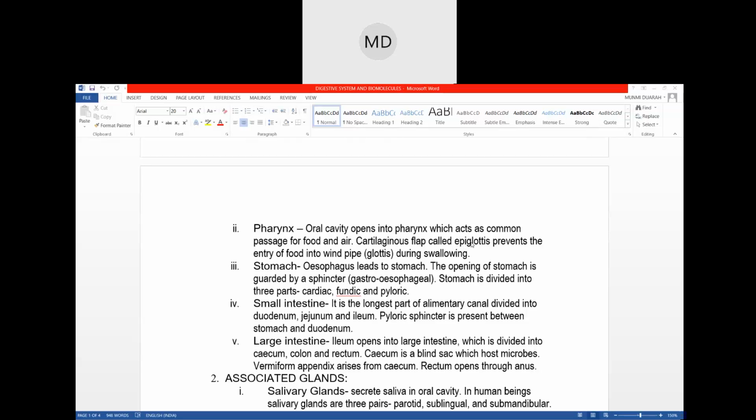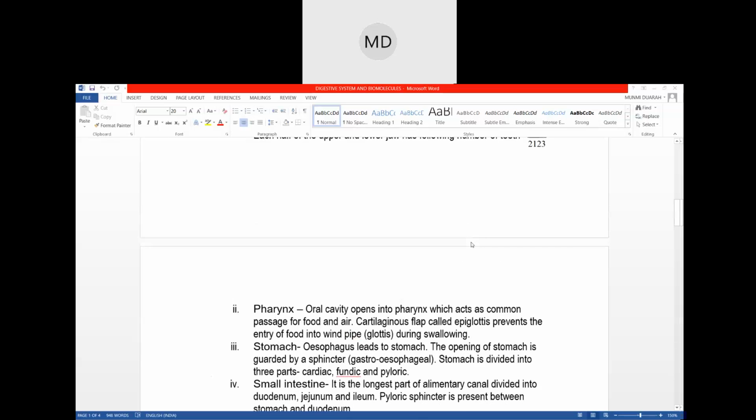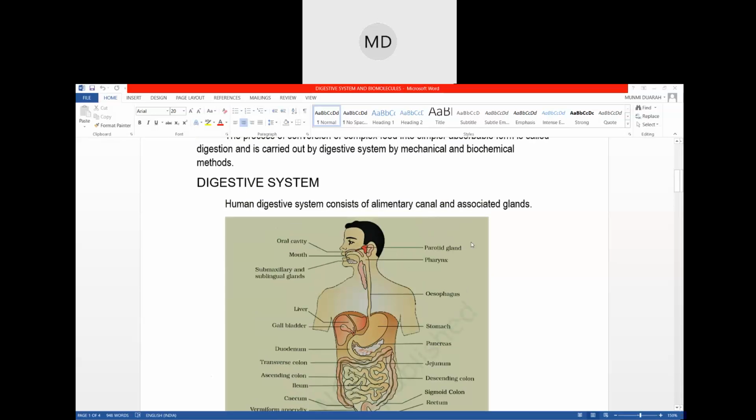And what does it do? It helps. Let me show you the diagram. The canal from the nose and the mouth joins. That is why sometimes while drinking water or eating something, it comes through your nose pipe, right?